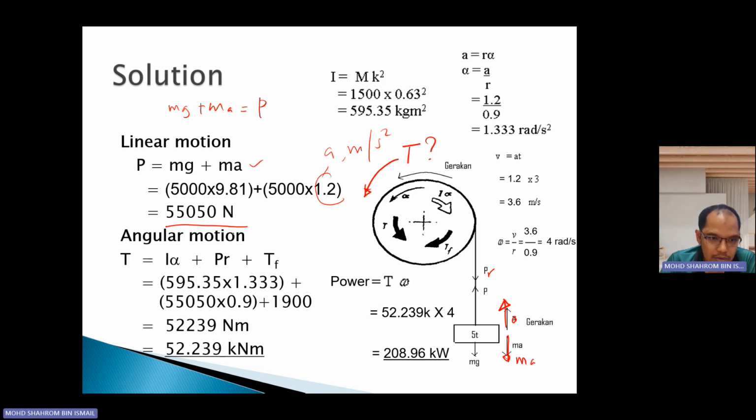So by right you're going to solve the angular motion in the second step. Torque is equivalent to I multiplied by alpha, the angular acceleration, plus P R, and then plus T F, the torsion friction.